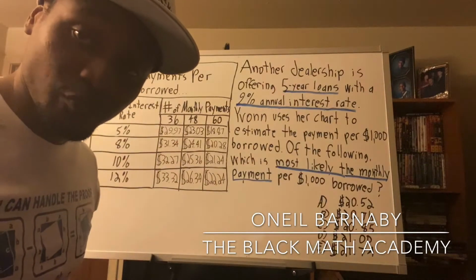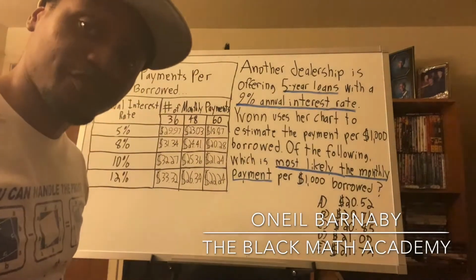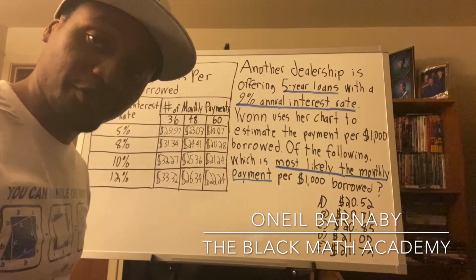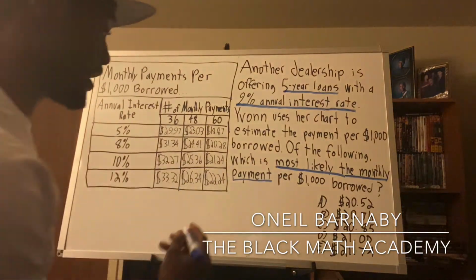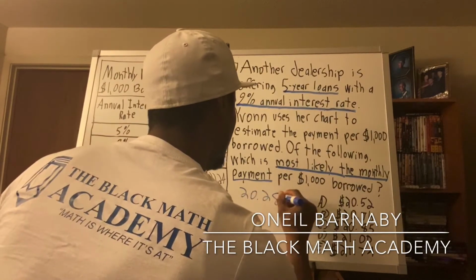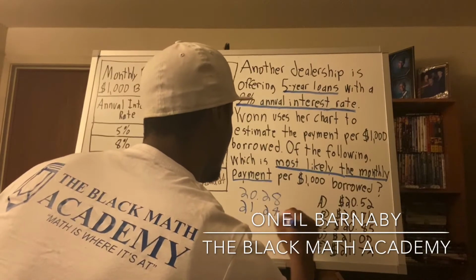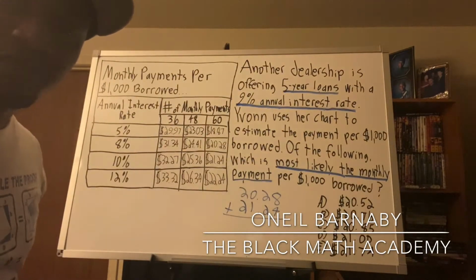So what's likely to occur is that we're going to have to add those 2 values together and average them out so that that ultimate value will become the monthly payments per $1,000 borrowed. So we have to add 20.28 and 21.24. All right, so we're going to add these 2 values.